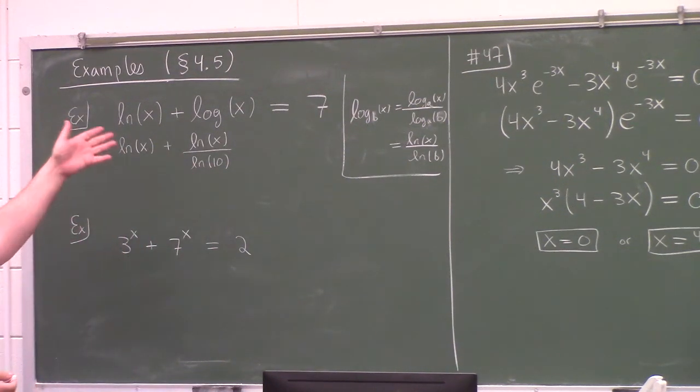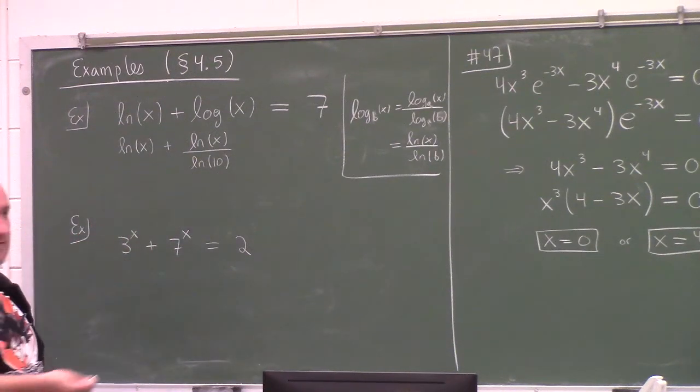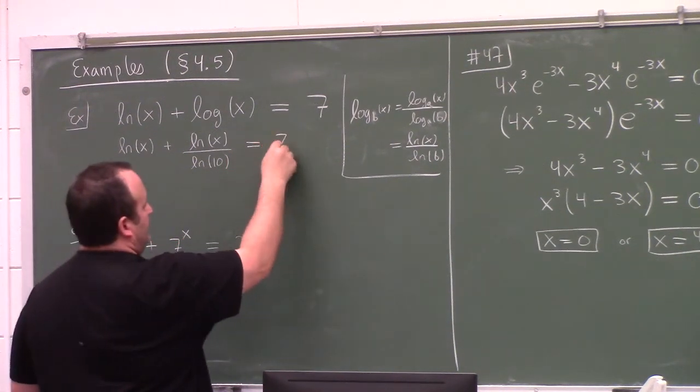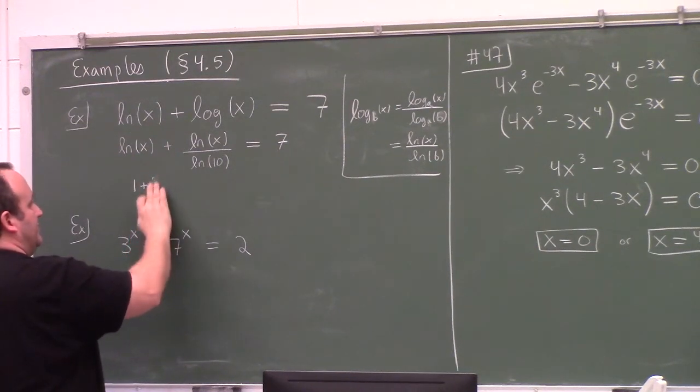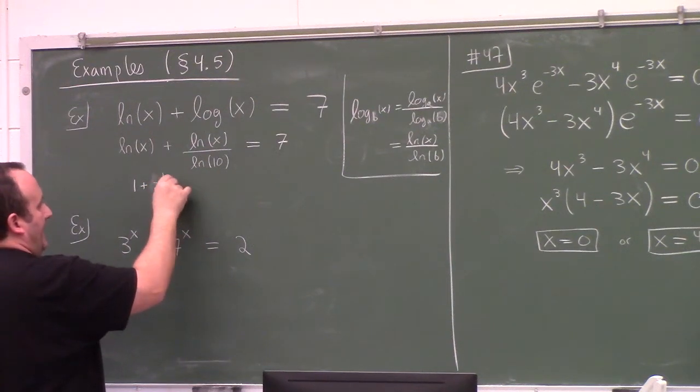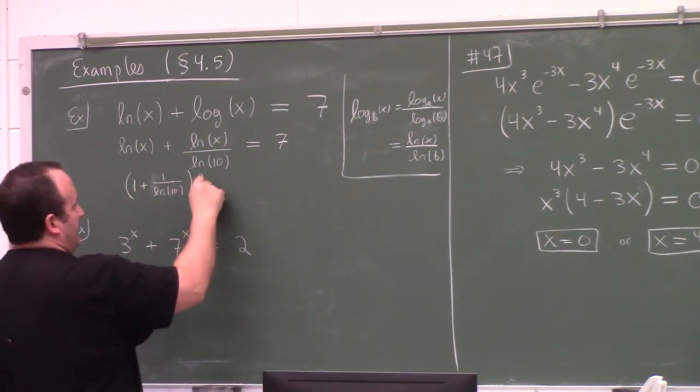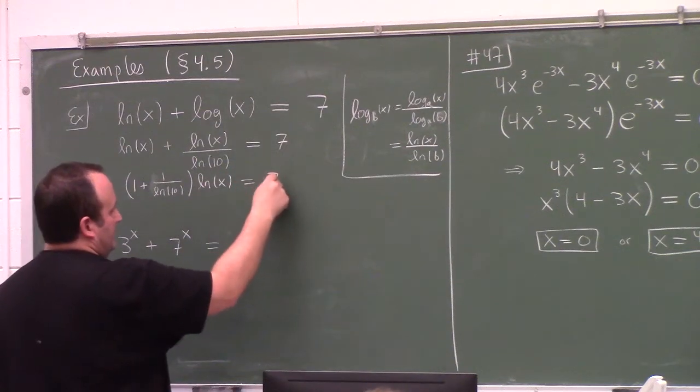So by the change of base formula, I can do this, and it's equal to 7. So I've got 1 plus 1 over natural log of 10 times the natural log of x equals 7.